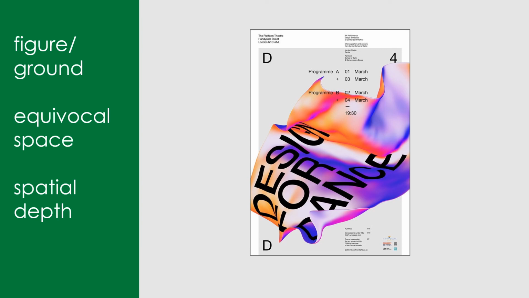But also, the reason I really like this poster is that the informational text, like program A and program B, is placed on top of the floating fabric, which feels like it's already floating on top of the gray background of space. So there's a nice layering of visual elements, right? That creates an extra sense of depth to the design.